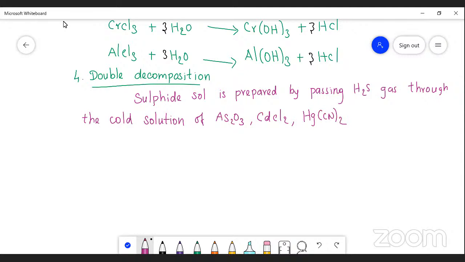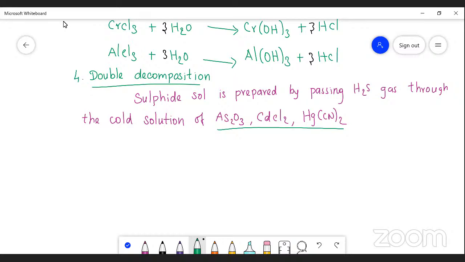So we are taking the cold solution of As2O3, cadmium chloride and mercuric cyanide, and we are passing a stream of hydrogen sulfide gas.